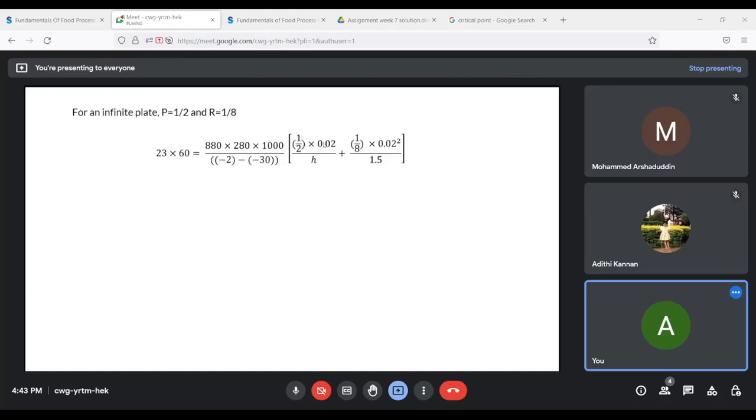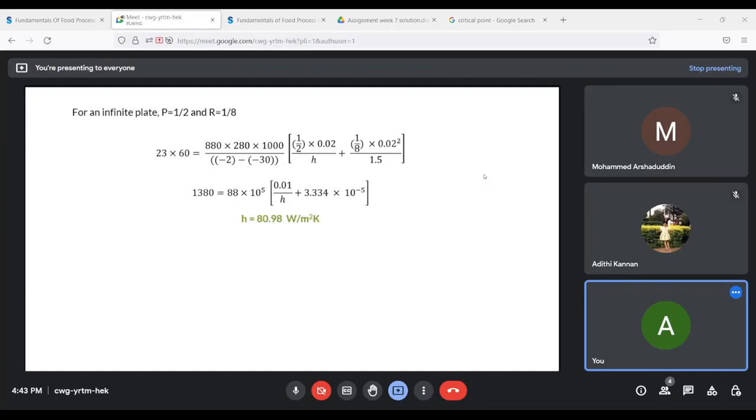So half into 0.02, which is the thickness of your slab, divided by H, that is what we need to figure out. That is, Planck's equation will be used in this case to figure out the convective heat transfer coefficient. And R is 1 by 8 and A is 0.02 whole square divided by 1.5, which is your K. So when you simplify this down, you will have 1380 equal to 88 into 10 power 5 into 0.01 by H plus 3.334 into 10 power minus 5.